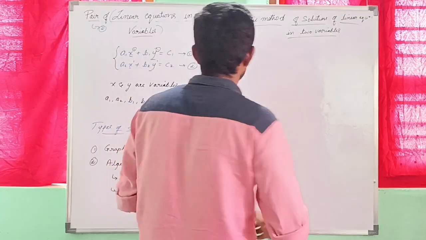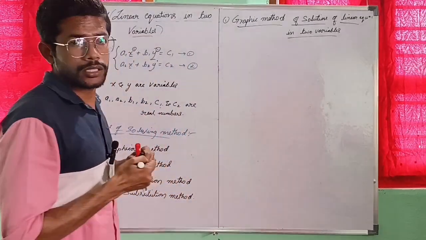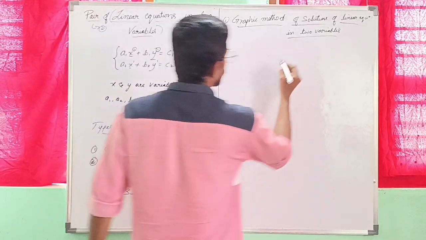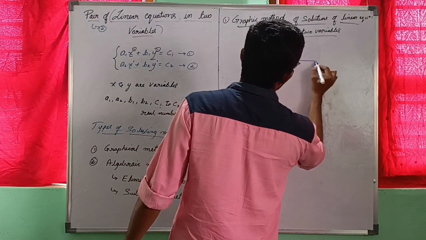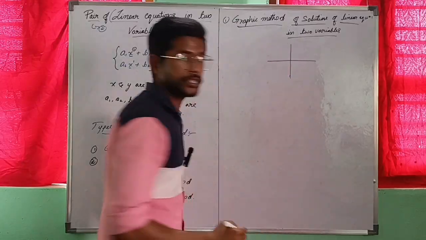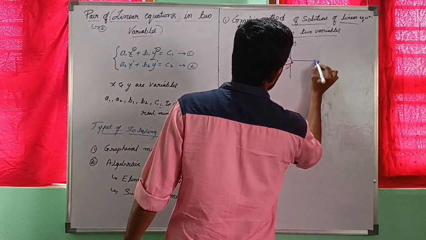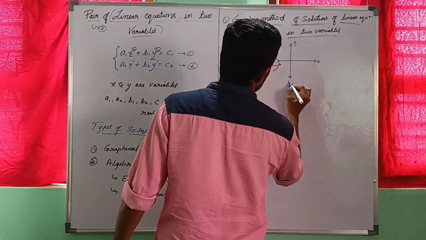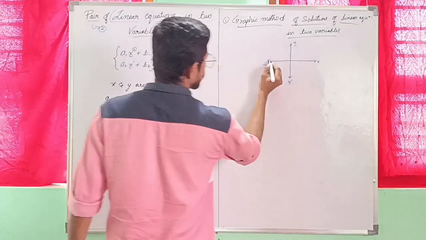What is this graphical method of solution of linear equations in two variables? What does this mean? Let us take a graph, a Cartesian plane, to understand it better. This is a Cartesian plane which consists of x, x dash, y and y dash.